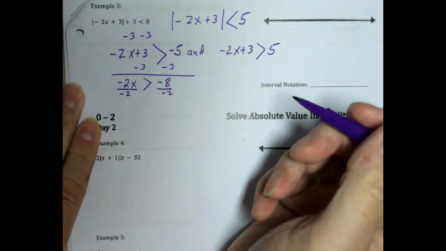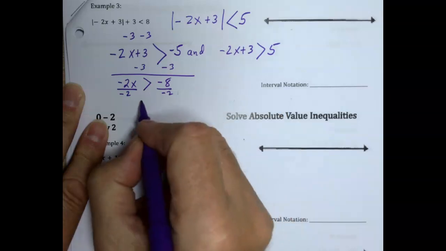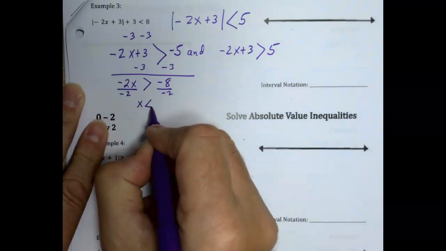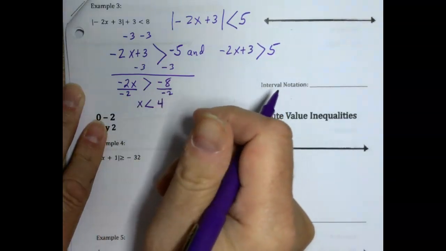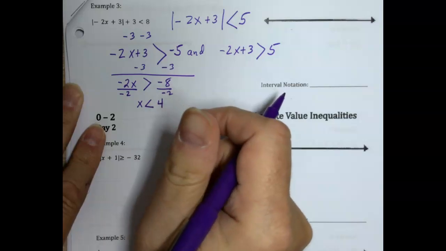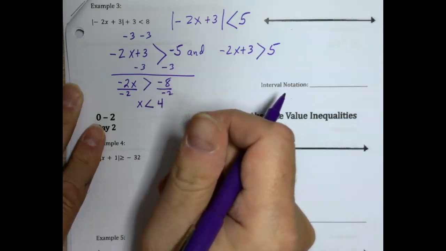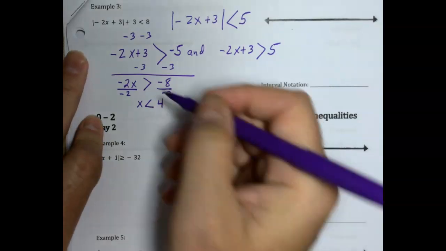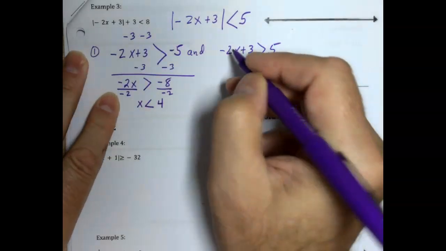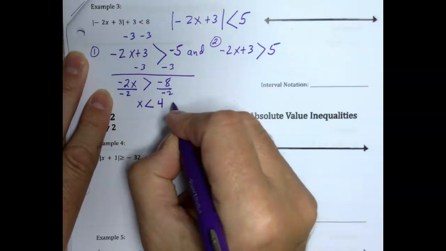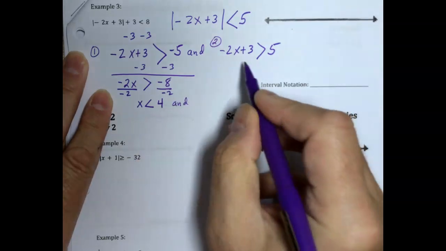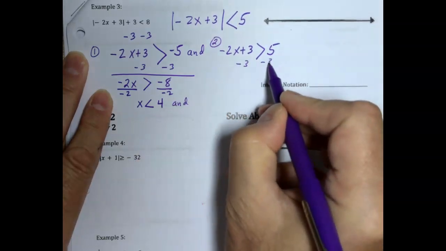You get the first one, which gives me x is less than 3. So this goes forward. Okay? And we have an "and."